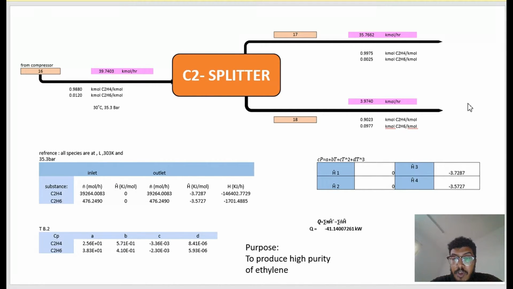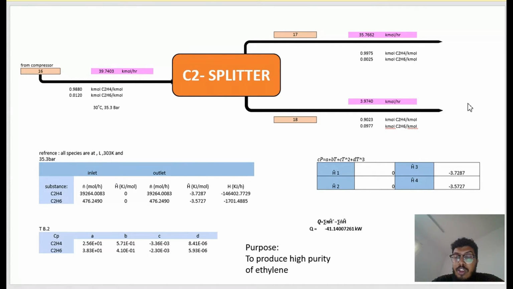So as I said before, the enthalpy H1 and H2 are zeros. Why? Because we start from our reference. So we have to calculate only H3 and H4. After we get the enthalpy, we're going to multiply it with the mole flow rate.